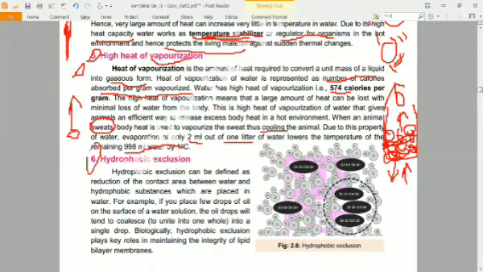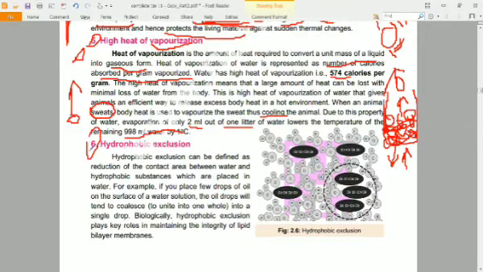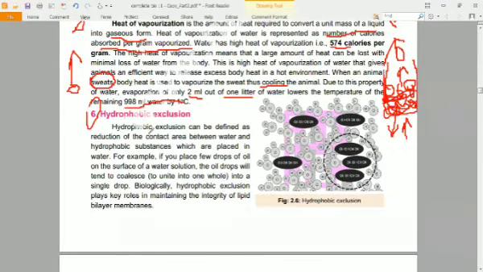Okay, let's talk about the next property, which is also very important. Water is a polar covalent molecule, so it allows polar substances to mix or dissolve in it.